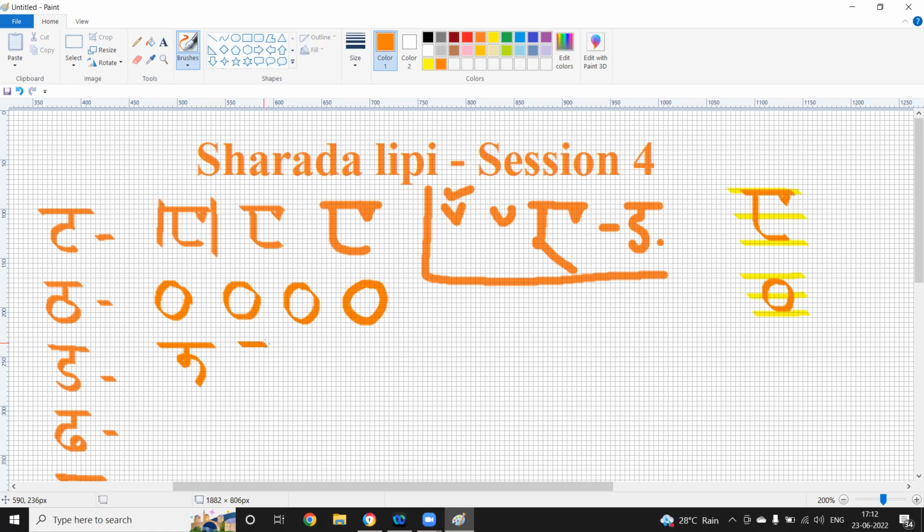I'll draw it one more time and then I'll explain. So here we stop. If I draw an imaginary axis here, this is the central axis. If you see this particular letter, the curl, this end point is not touching the central axis.